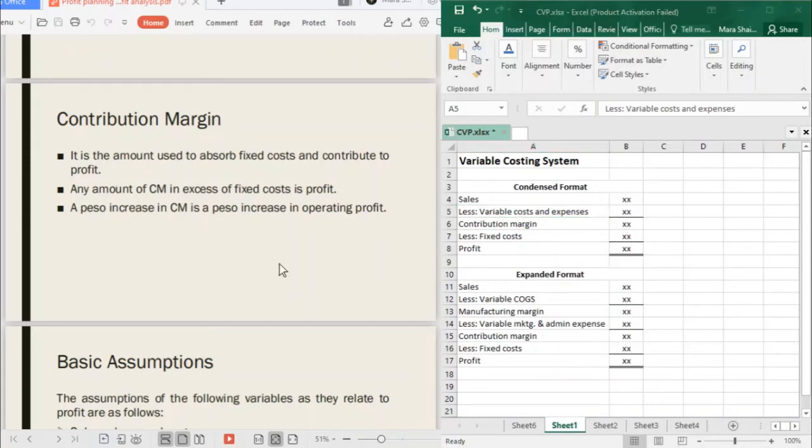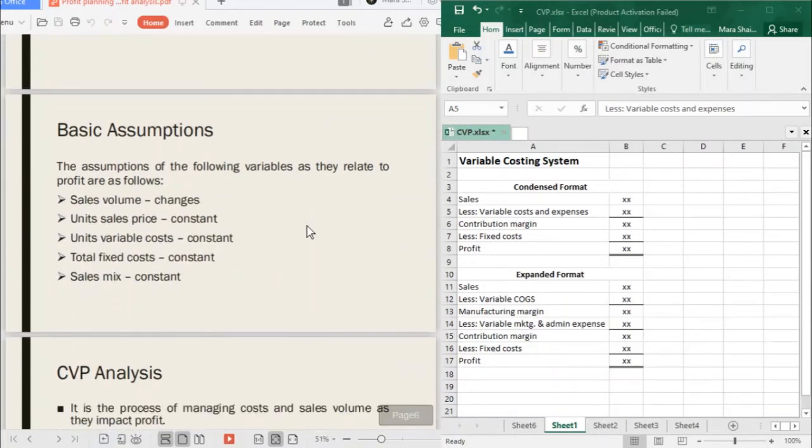Now, let's move on to the basic assumptions in profit planning and CVP analysis. The assumptions of the following variables as they relate to profit are as follows. Because, again, as mentioned in the definition of profit planning, it is anticipating the effects of variables affecting profit.